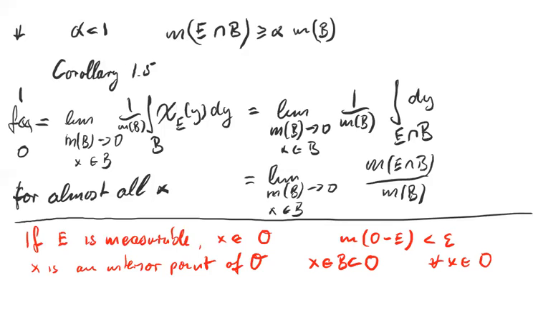And that means if you look at B intersected E, then you get B, because B is a subset of E. No, it's not.